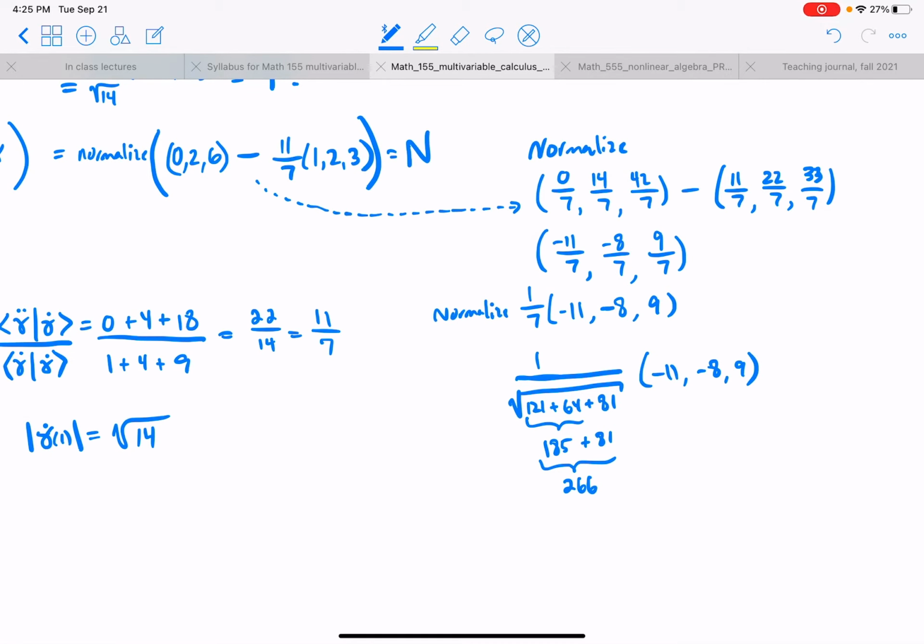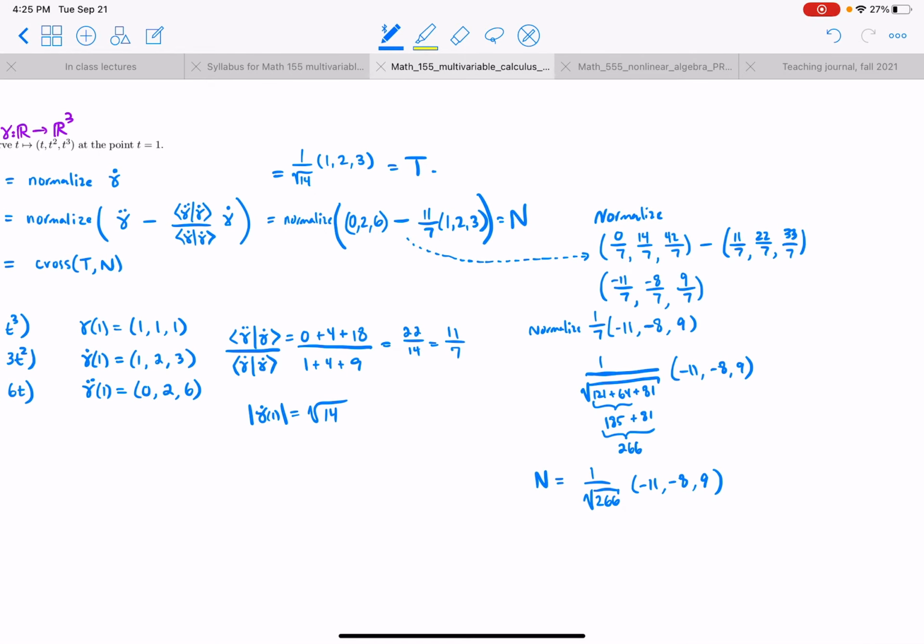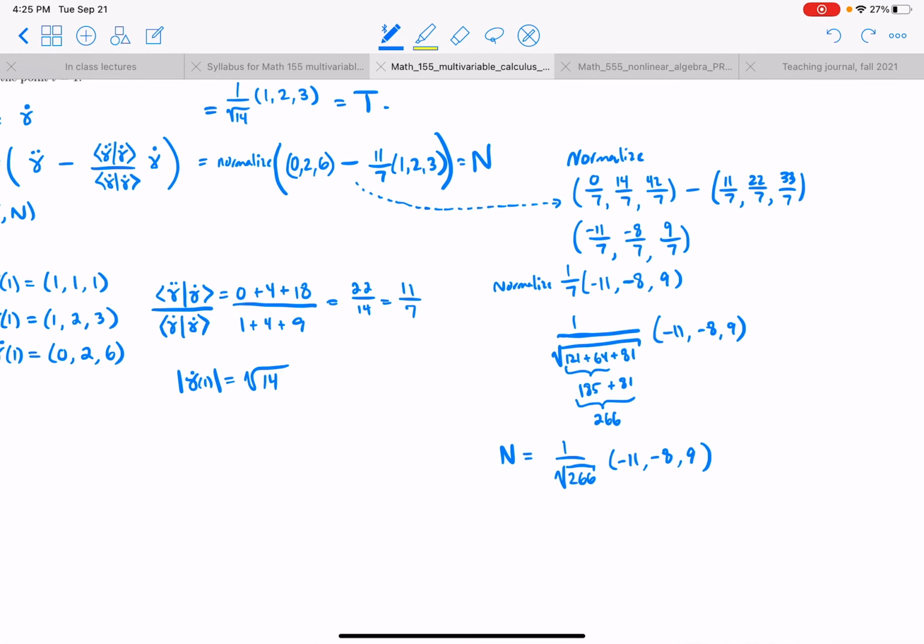So I believe the unit normal is 1 over the square root of 266 times the vector with these integer components. So now I have the unit tangent, and I have the unit normal. The unit binormal is equal to the cross product of t with n.